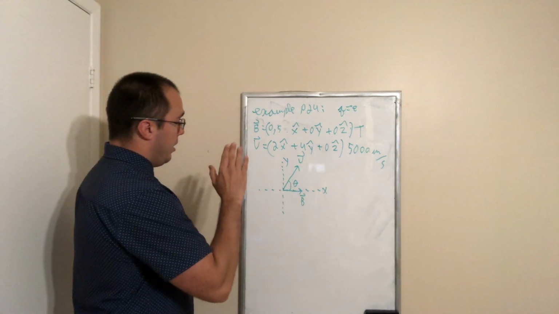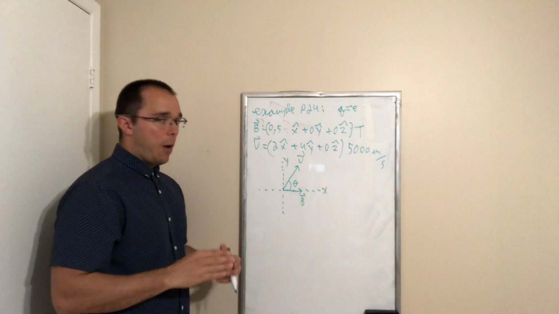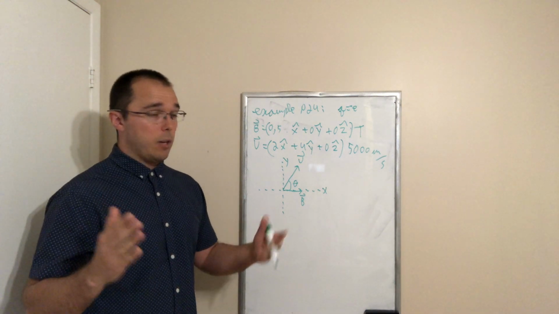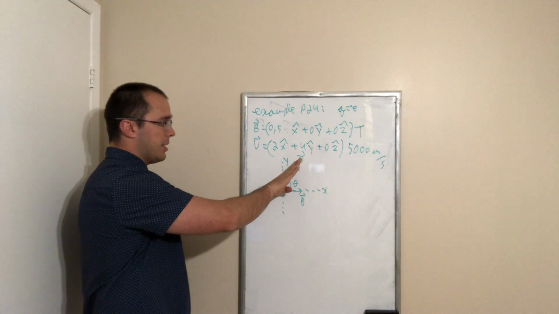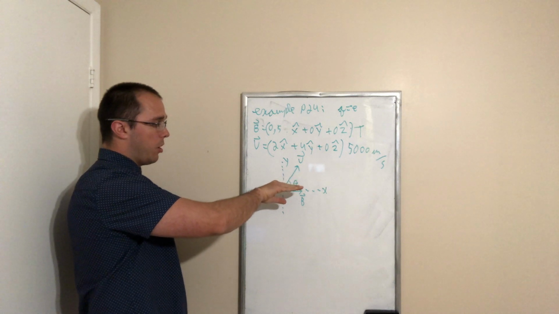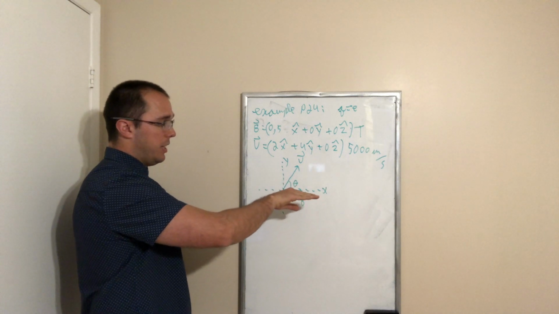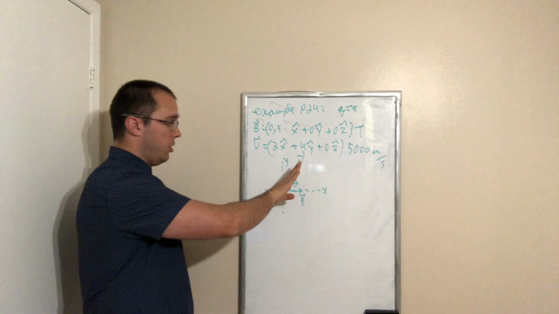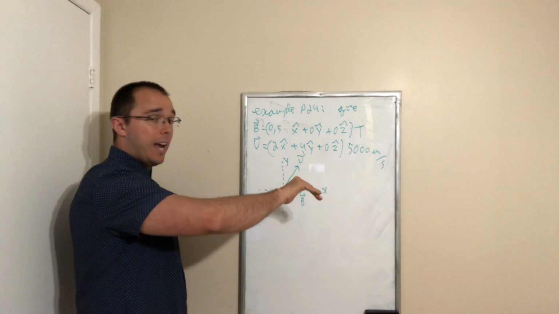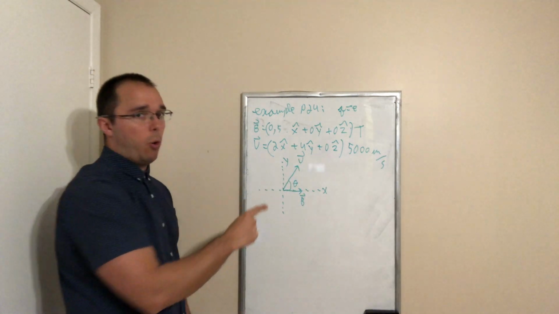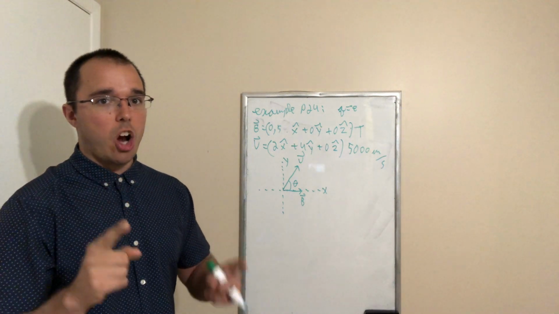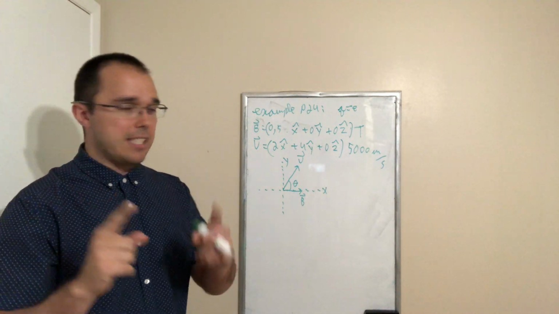All right, now if we want to know the direction of the force, we need to use the right-hand rule. We point our finger toward the velocity vector, curl our finger toward the magnetic field vector. In this case, it's not exactly 90 degrees between the two, but the same logic applies. And I got my thumb pointing into the board. However, the charge is an electron. It's a negative charge.